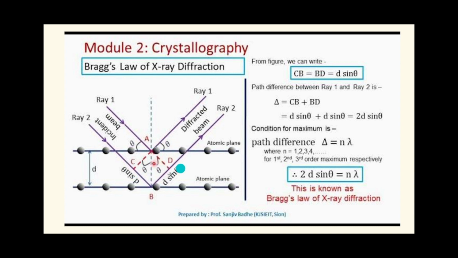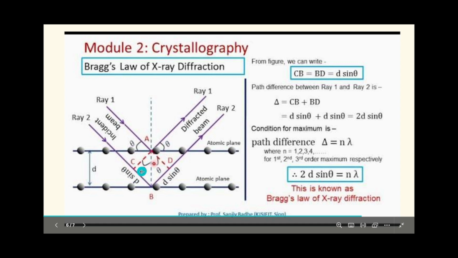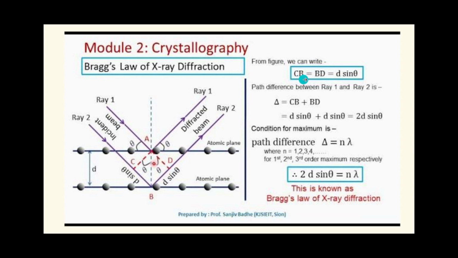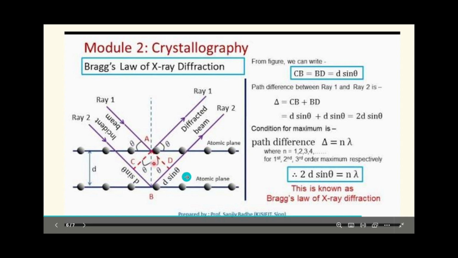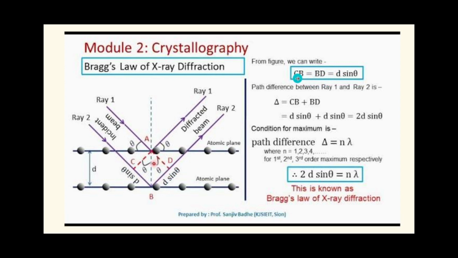Now we are going to derive the equation 2d sine theta is equal to n lambda, which is the Bragg equation. The segments CB and BD are each equal to d sine theta, as mentioned in the figure: CB is equal to d sine theta on one side, and on the other hand BD is equal to d sine theta.